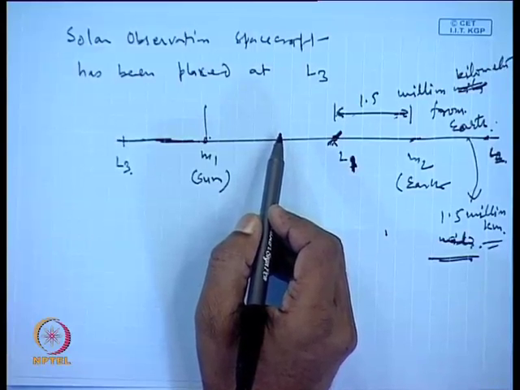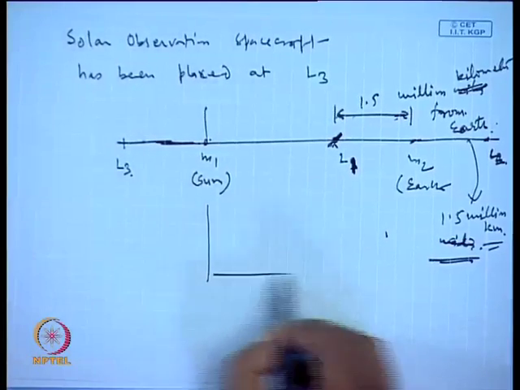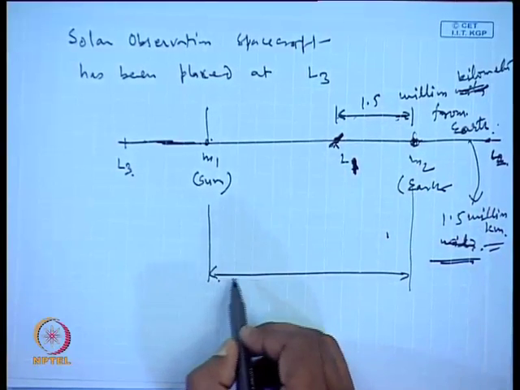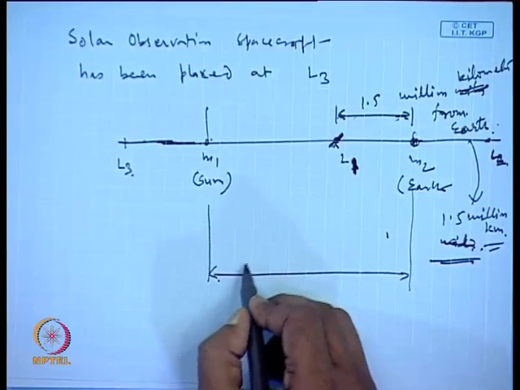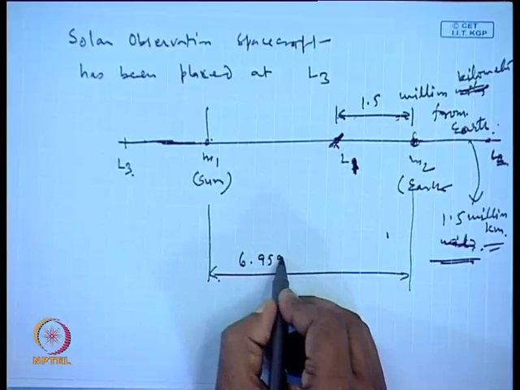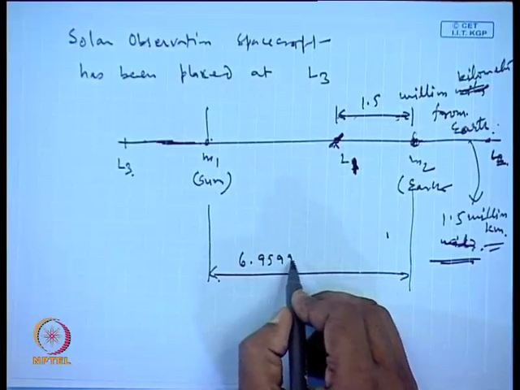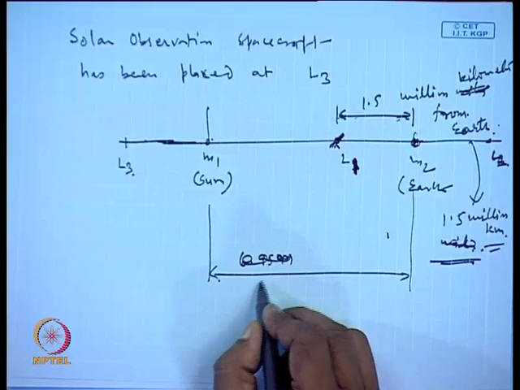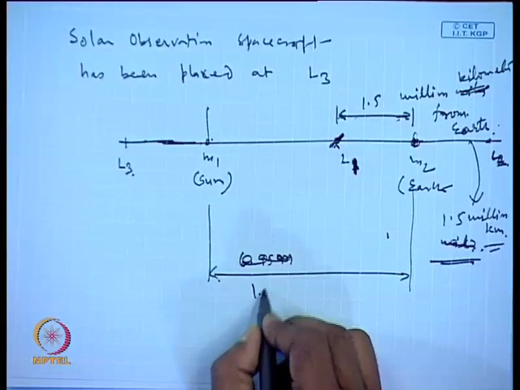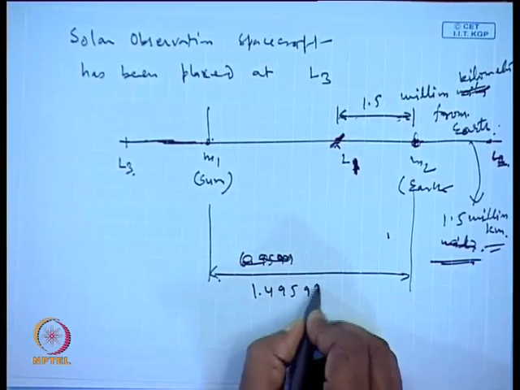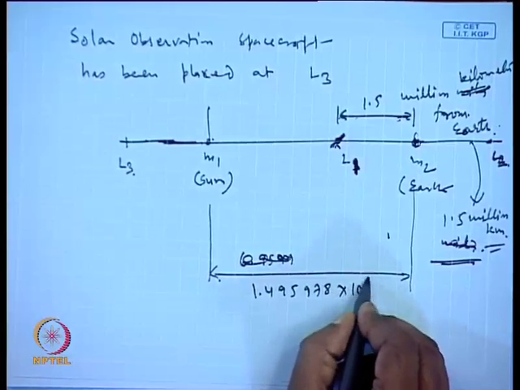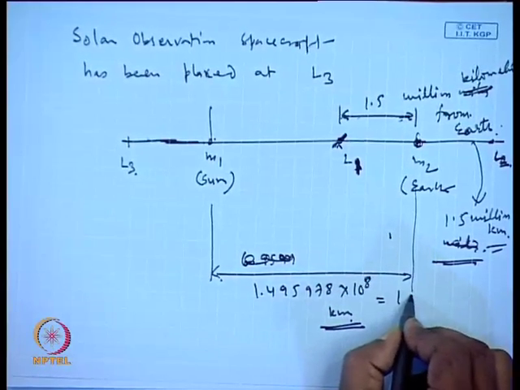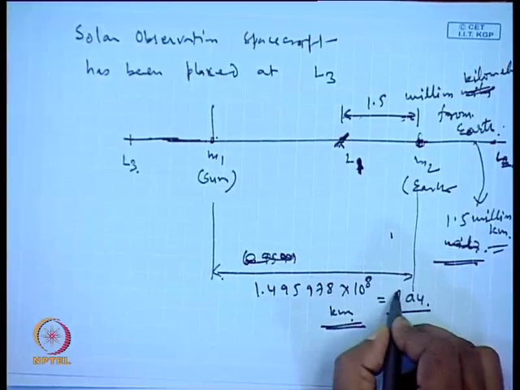Now, in the case of the Earth Sun system, the distance between the Earth and the Sun, so this distance from here to here, this is around 6.9599. Sorry, this is the mean radius of the Earth. This is 1.495978 into 10 to the power 8 kilometers, and this is nothing but 1 astronomical unit.